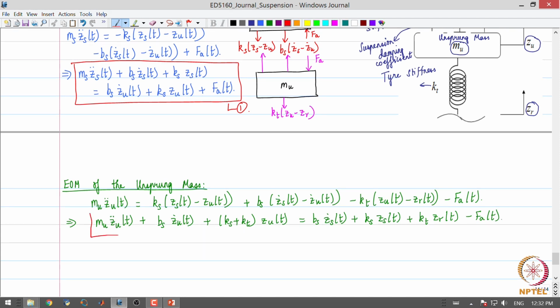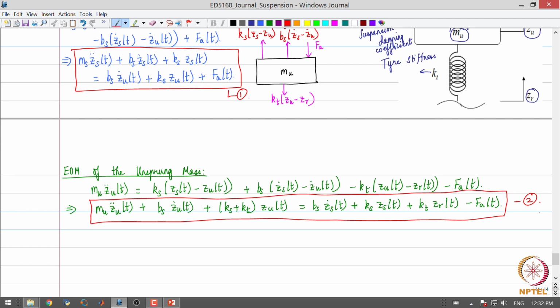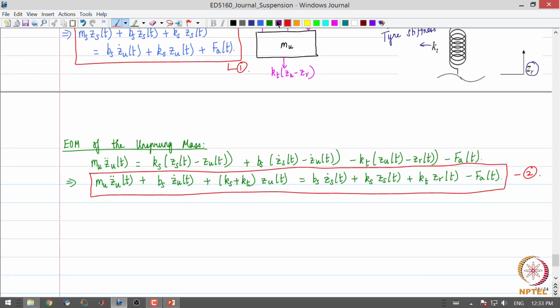Okay. So, this is the equation of motion for the unsprung mass, right.